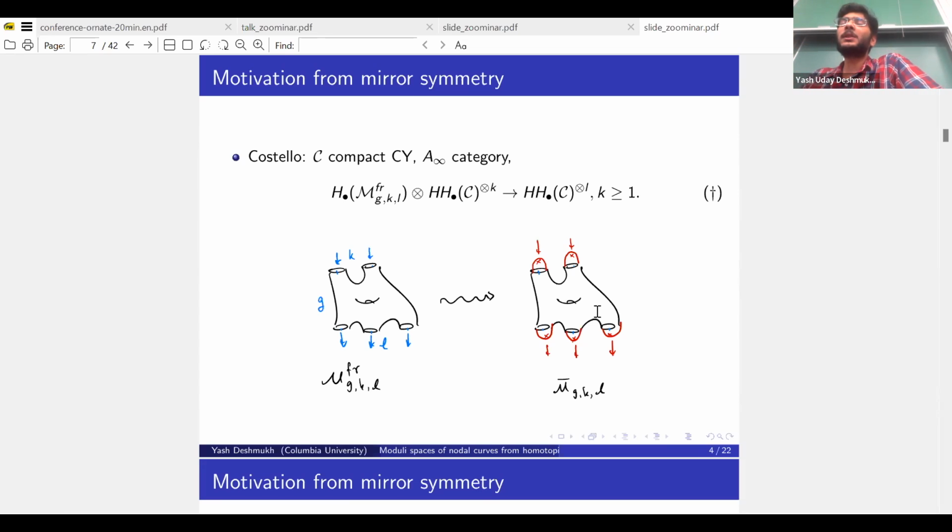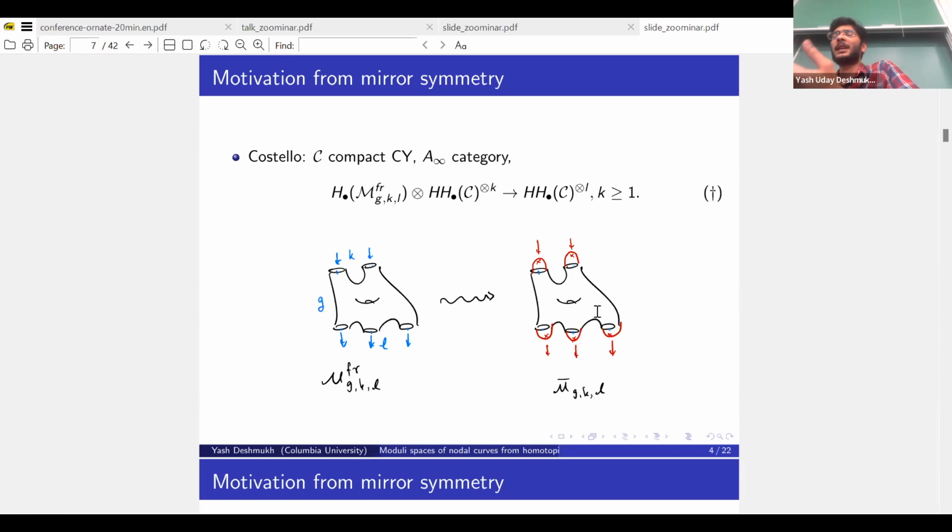Another thing to note here is there's a natural map from these moduli spaces of framed bordered Riemann surfaces to the usual Deligne-Mumford compactification of moduli spaces. By the usual Deligne-Mumford compactification, I mean the stable nodal curves with k input marked points and l output marked points.